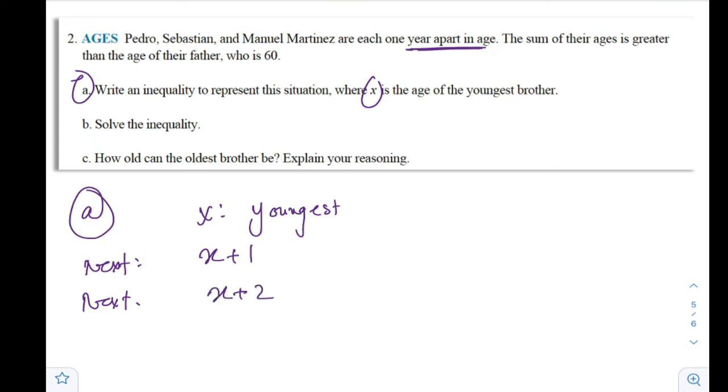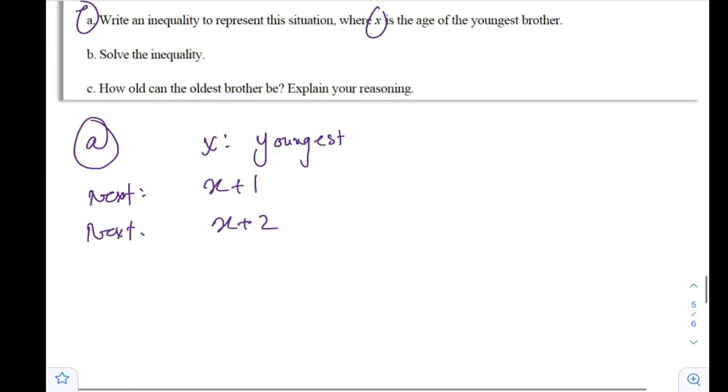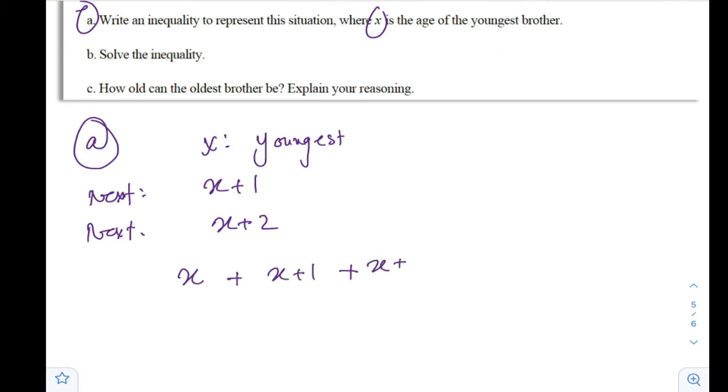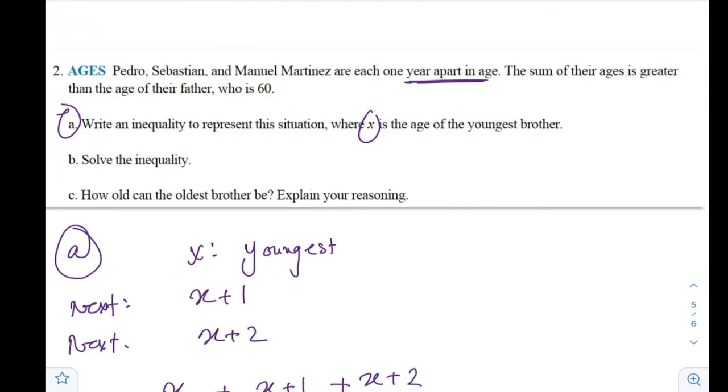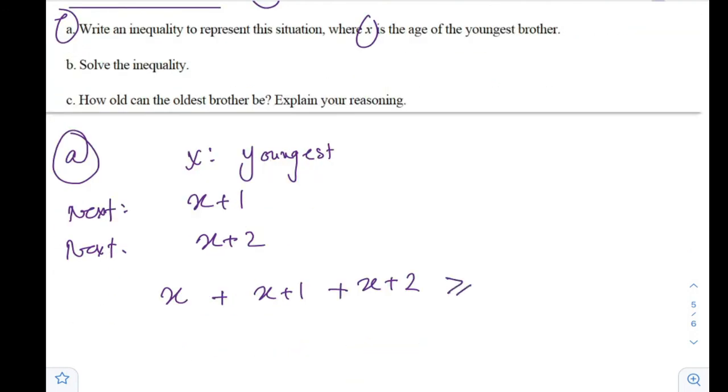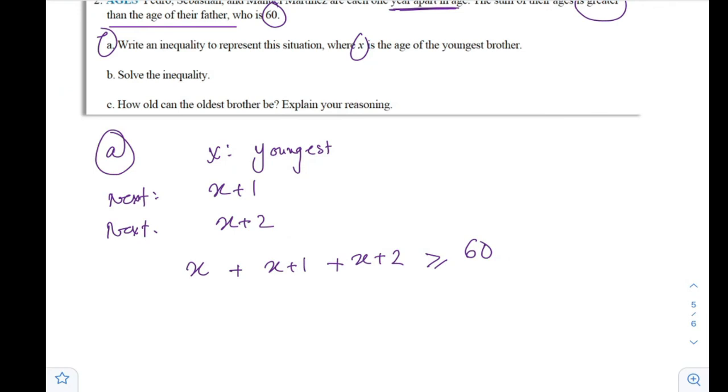They are increasing by 1 year each. Now, their sum, the first plus the second plus the third, should be greater than the age of their father who is 60.